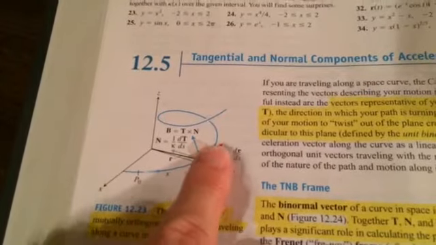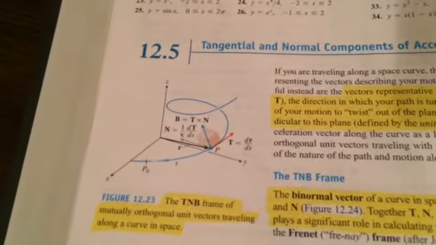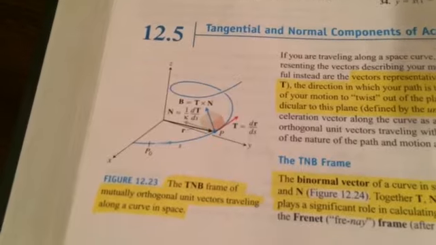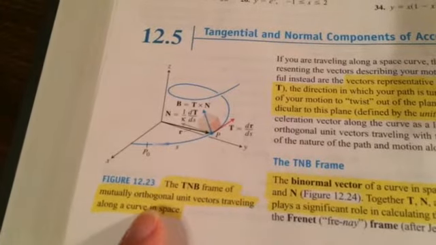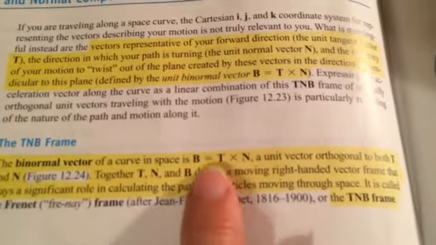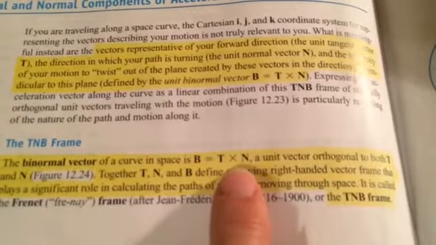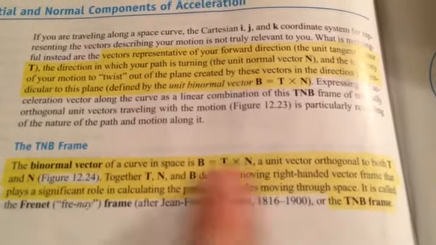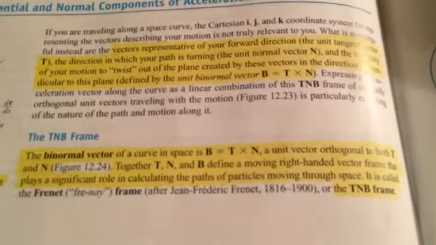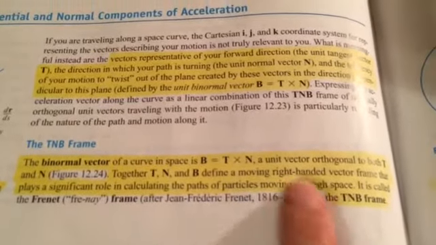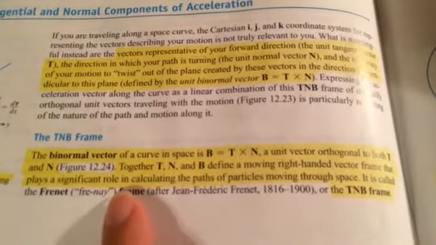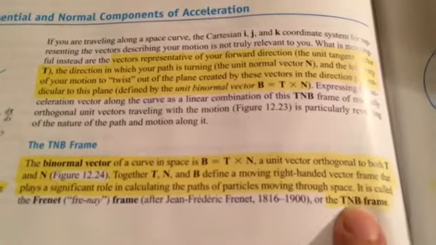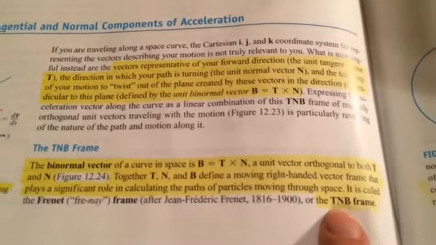Green, blue, red vectors. And so this is the frame. They are, it says here, mutually orthogonal, which means they're each orthogonal to each other. All right, and then here it's telling you because B is the cross product of T and N, it's orthogonal both to T and to N. And here it's talking about that vector frame, and they call it the TNB frame because it's made up of the unit tangent, unit normal, and binormal vectors.